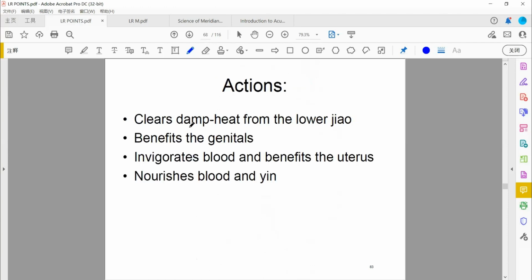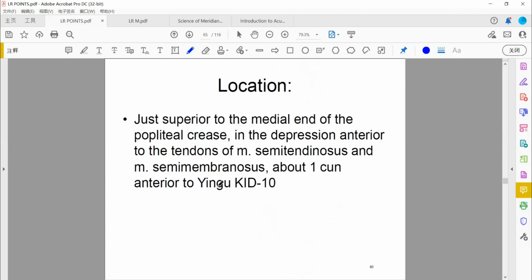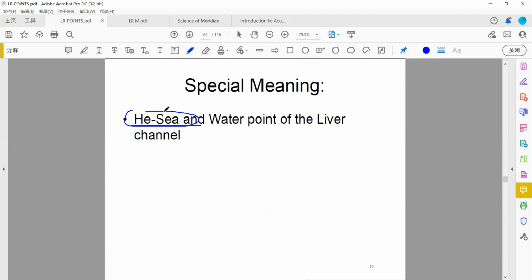So this one clears the damp heat from the lower jiao, benefits the genitals, invigorates blood, and benefits the uterus. Nourishes blood and yin. Liver 8, right? Liver 8 is special. It's a water point. Water points, we talk about this one, right? The mother point, sun point.